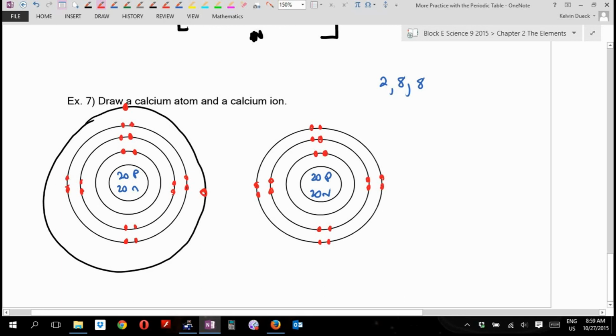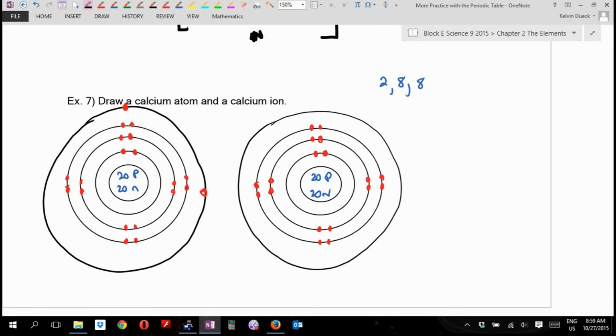How many in its valence shell if it's an ion? This is its valence shell right here. How many will be in its valence shell? If it's an ion, 0. It wants to get rid of those 2 electrons.